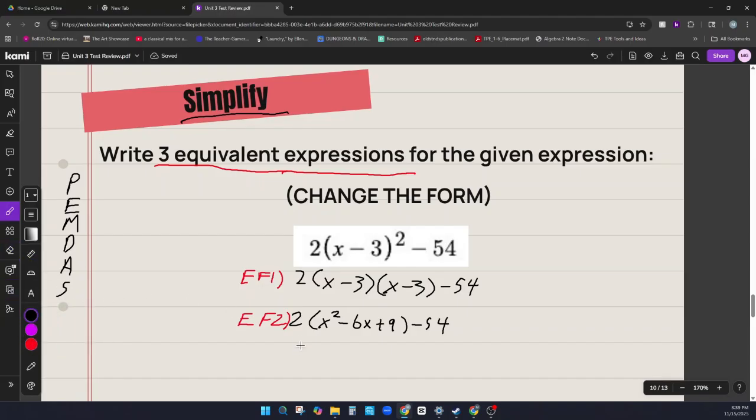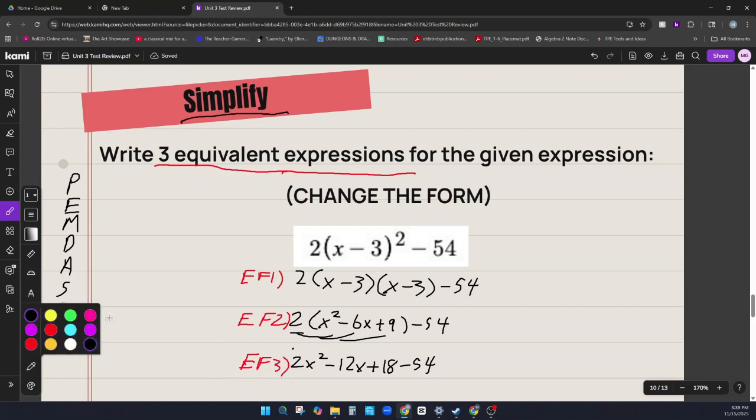From there, I'm going to multiply this in, and if I distribute my 2, that's going to be 2x squared minus 12x plus 18 minus 54. And this, ladies and gentlemen, is also a new form. So this is my equivalent form 3, and I am done. I'm not fully done simplifying, but I found my 3 equivalent forms, so I'm going to call it there.